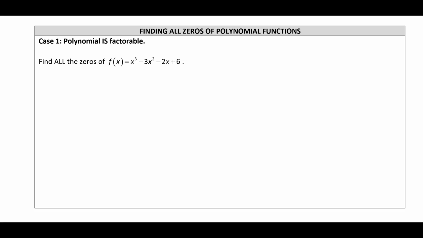The first case is one we've worked with before, where the polynomial is factorable. So for example, we're going to find all the zeros of f of x equals x cubed minus 3x squared minus 2x plus 6. The first thing we notice is that this is a cubic, which means we can have up to 3 solutions. If we think about this logically, we could have 3 solutions that are all real numbers, just purely real.